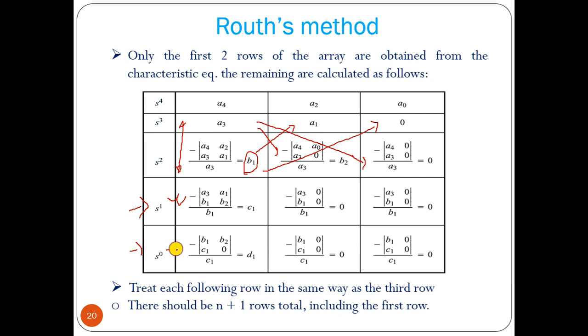Now to compute the next row, we consider the previous two rows' values. Then (c1·b2 − b1·0) divided by c1 will be your d1. So this is how we find all the coefficient values.